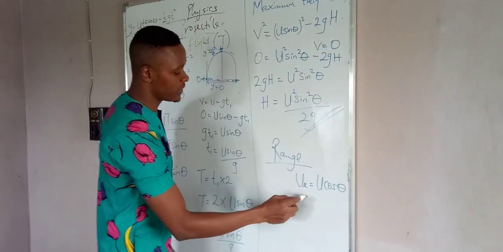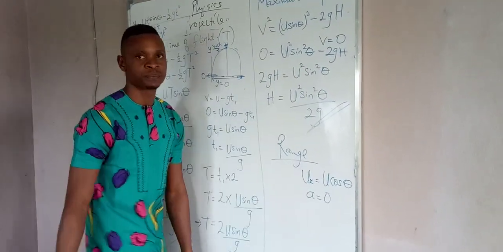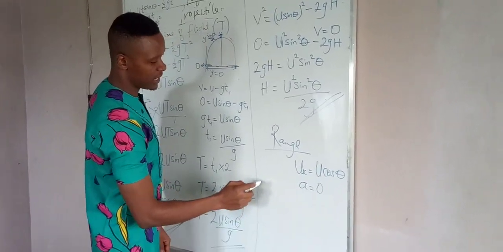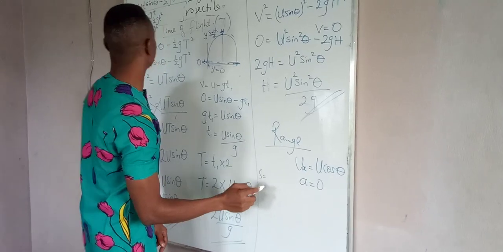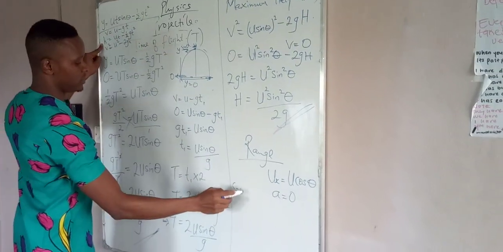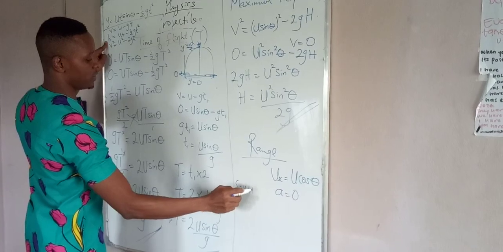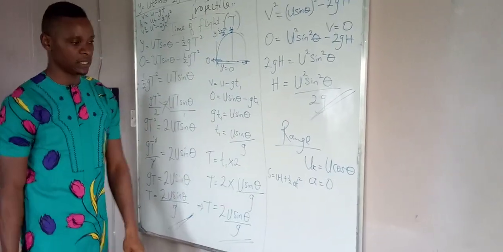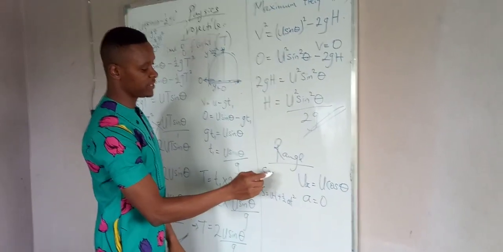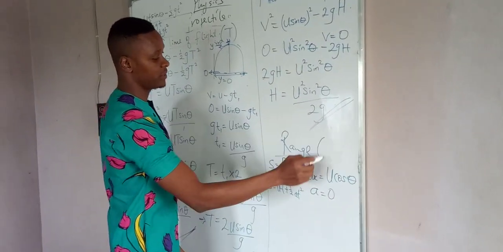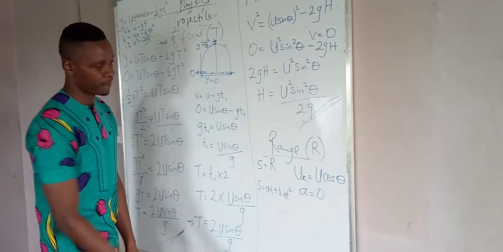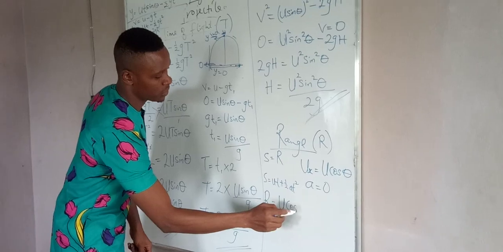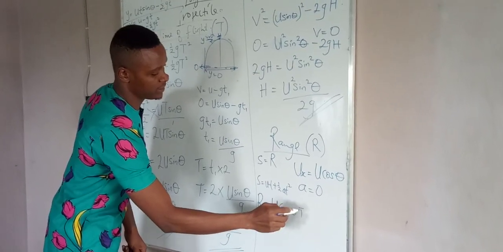And also recall that A is equal to 0, because we are actually using the formula that S is equal to UT plus half AT squared. But here now, our S, which is distance, is taken as R, that's the range. So range now is equal to U cos theta T.